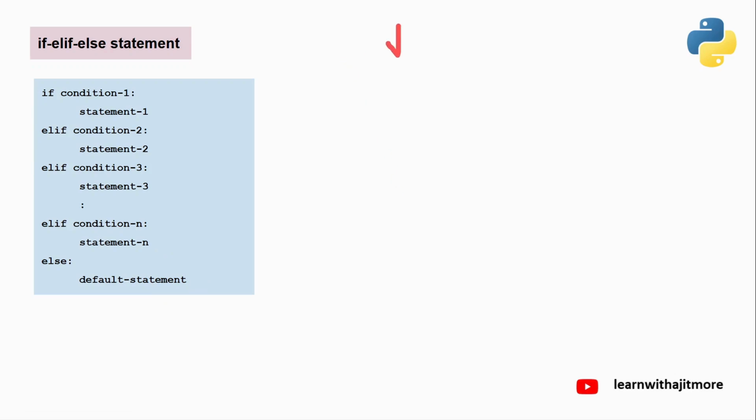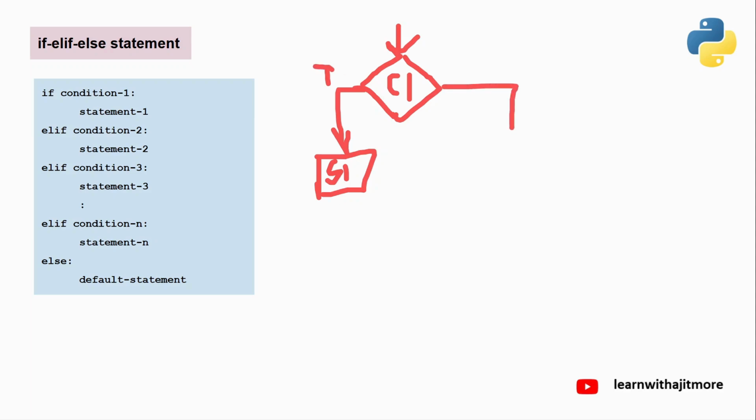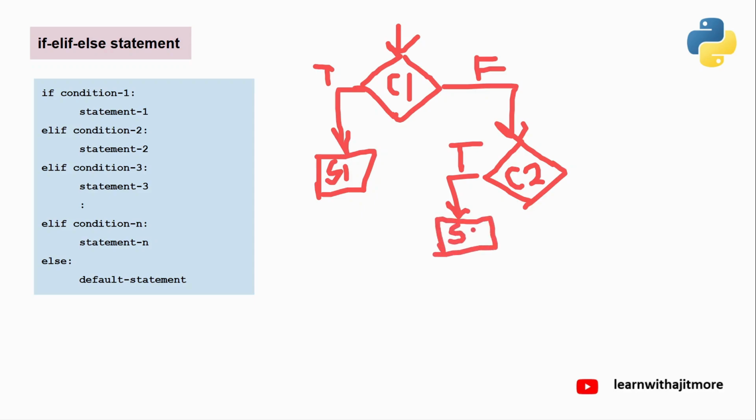ठीक है, तो इसका भी फ्लो चार्ट वैसे ही बनेगा कि पहला एक कंडीशन होगा, ठीक है, फर्स्ट कंडीशन चेकिंग ट्रू, then perform your statement 1, ठीक है? But if it is false, then you have to check another condition, right? Condition 2, अगर ये true है तो statement 2 रन होगा, ठीक है?